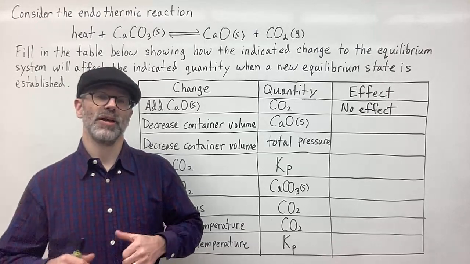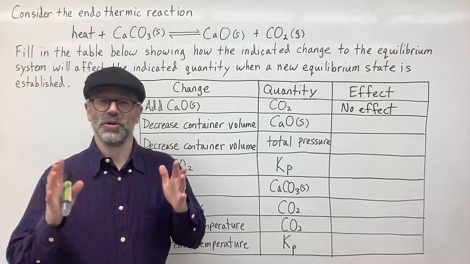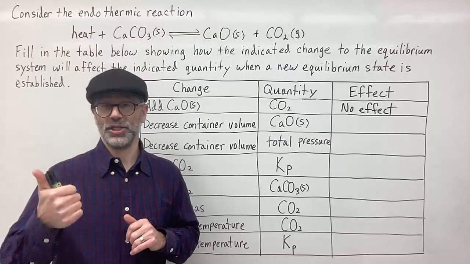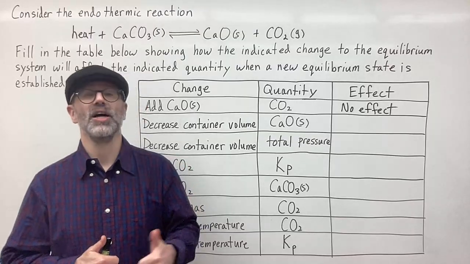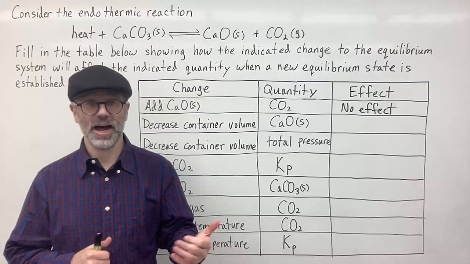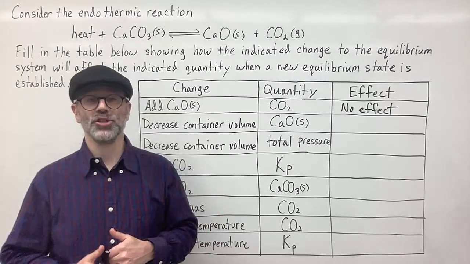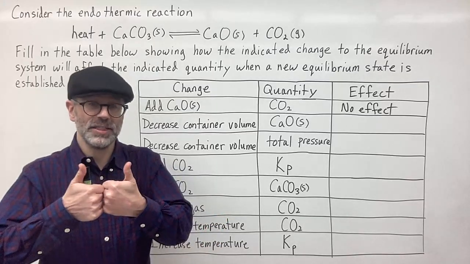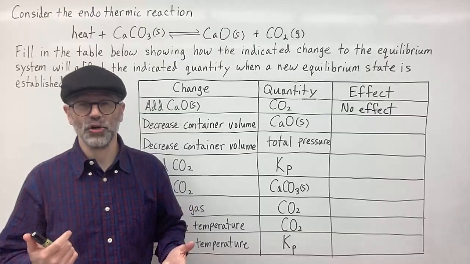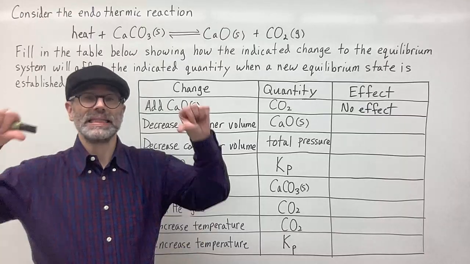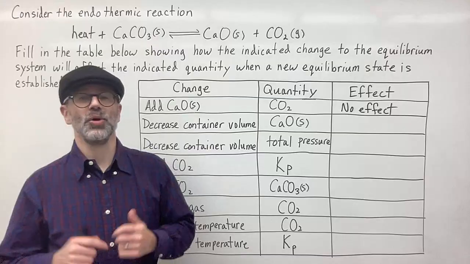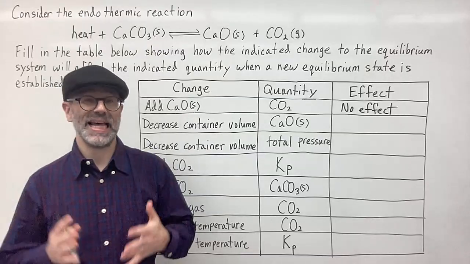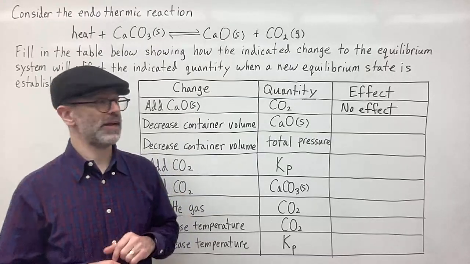If we remember the relationship between pressure and moles of gas, the more moles of gas you have, the higher the pressure. So if you increase the pressure by decreasing volume, the system is going to want to decrease that pressure. So it's going to shift to the side that has less gas, less moles of gas.